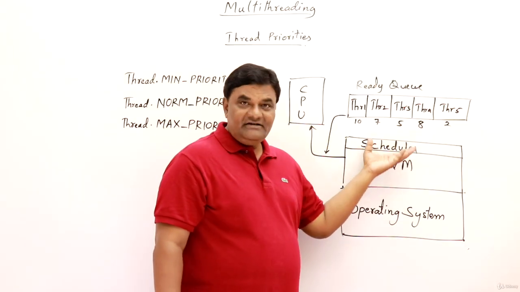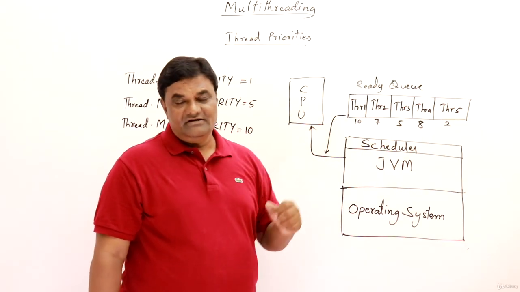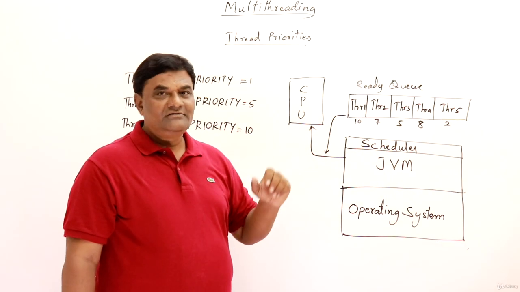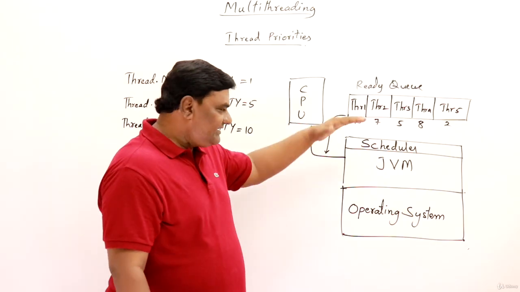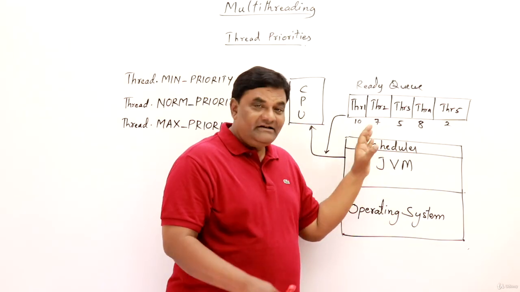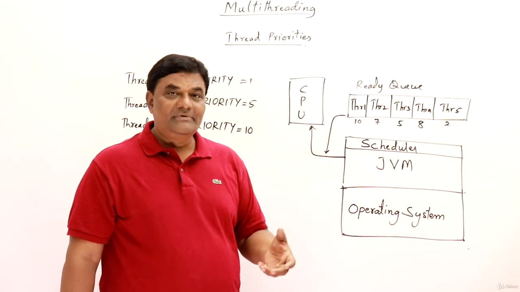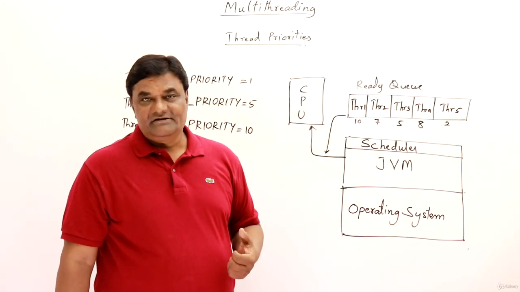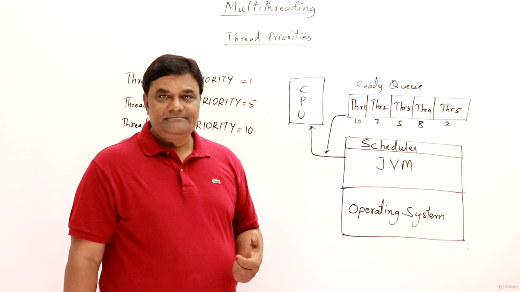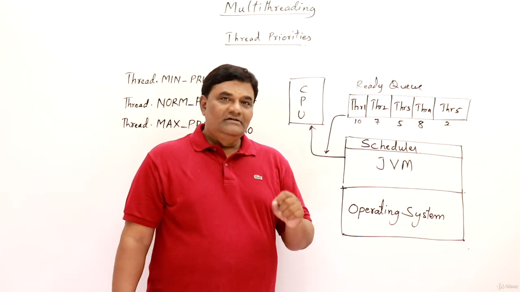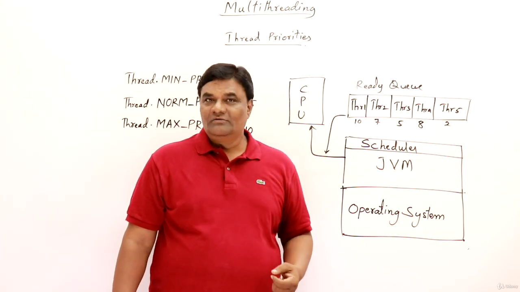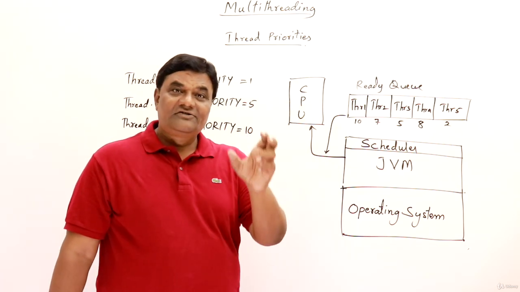The JVM or JRE has its own scheduler. It will schedule the threads. It may take the help of the operating system, but it is not scheduled by the operating system. They are scheduled by the Java runtime environment or Java virtual machine. So that's all about priorities. Now the next thing we will be learning about is the methods of the Thread class.